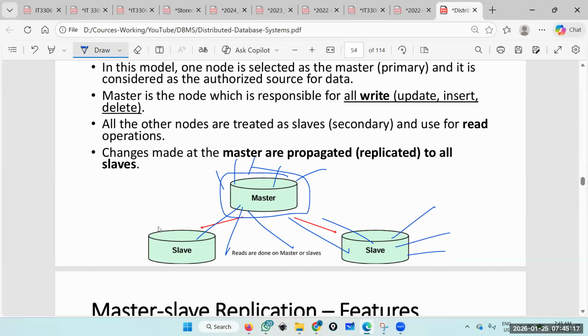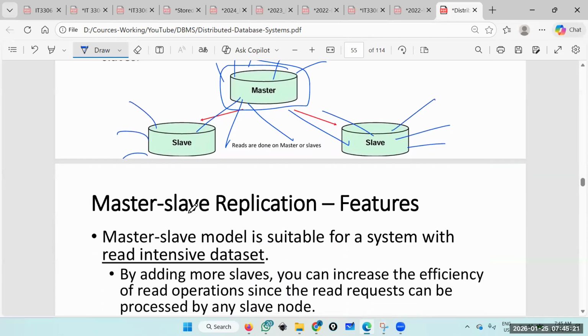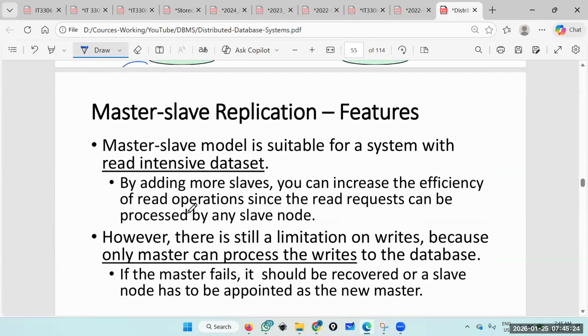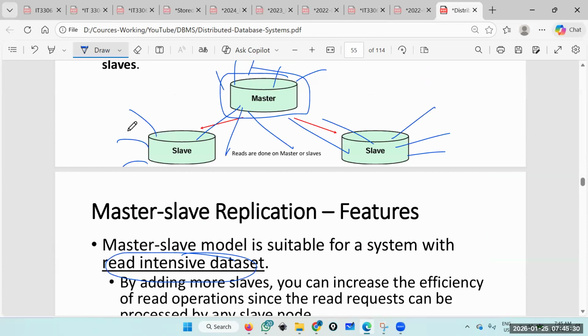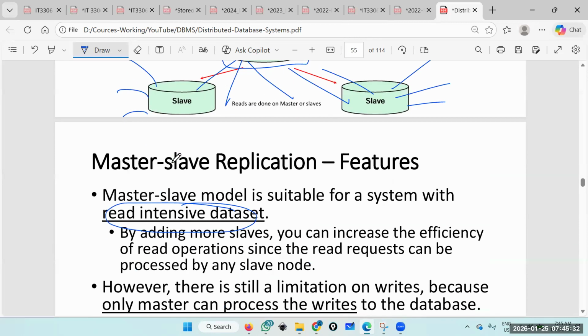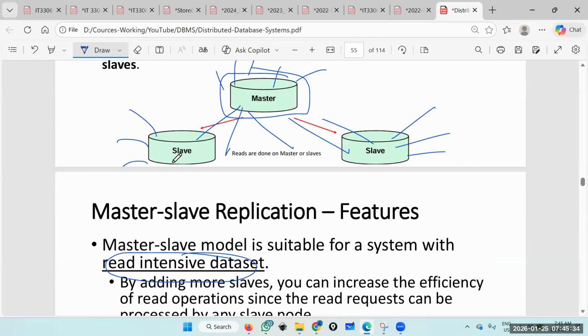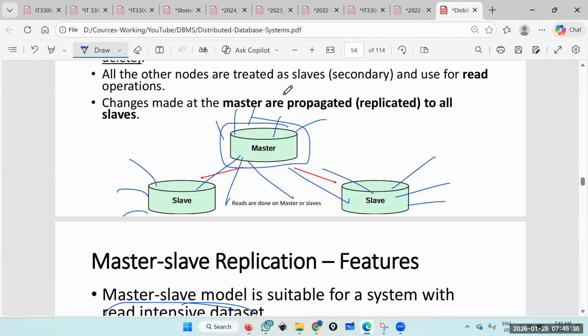Slaves, you can only read. So that is more suitable for read-intensive data, with fewer writes and more reads, right? Because it's fewer writes, you can write to a master which may not be close to you, but you are doing more reads and those are at your local sites.